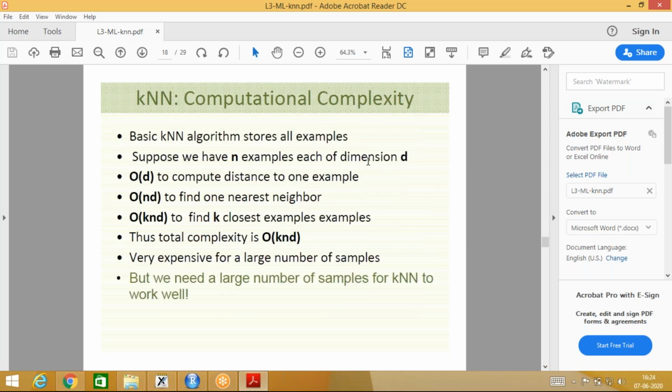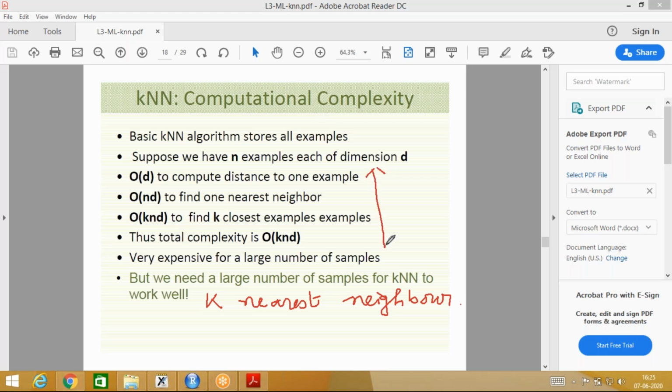Yeah. So there is a problem with the calculation also when we do KNN. You have to understand what I'm trying to do. I have to find out who are my K nearest neighbors.